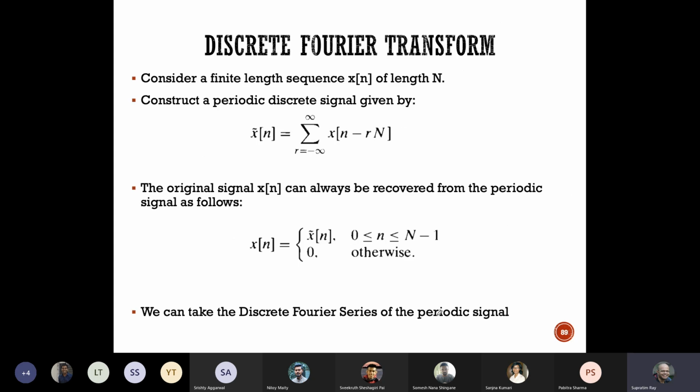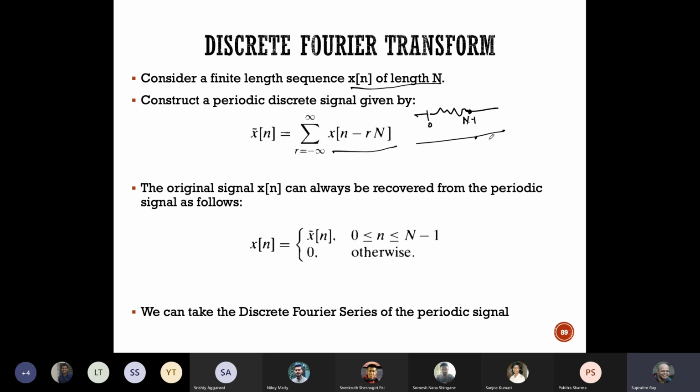Okay, so this is how we compute the DFS, DFT. Consider a finite length sequence of length N. Construct a periodic discrete signal which is given by this. It's x(n) between 0 and N, and then I shift it by N, so it's x(n minus N). Then I shift it by 2N, it's x(n minus 2N). So this is x(n), let's say, between 0 and N minus 1.